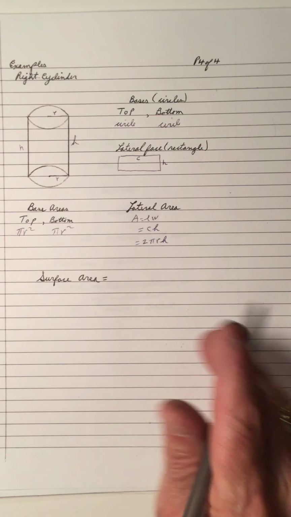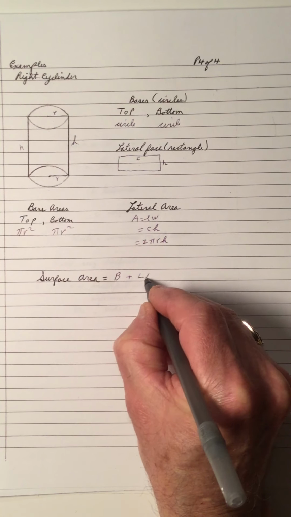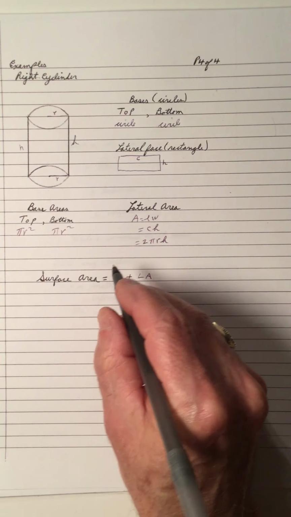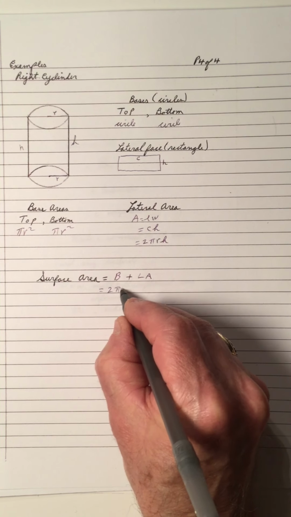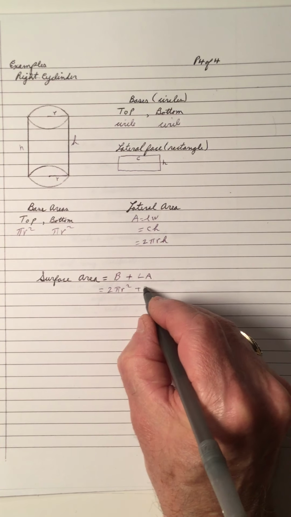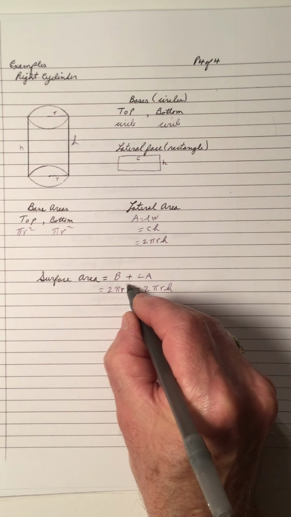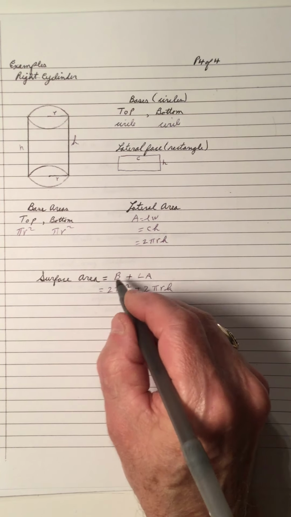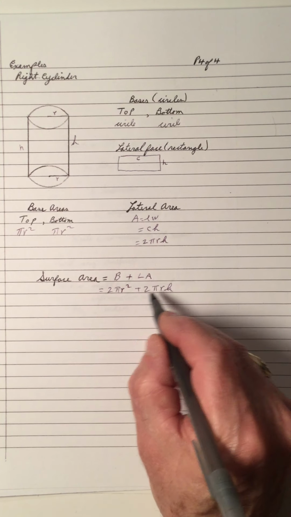And the surface area of a cylinder is the base area and the lateral area added together. And the base area is 2 pi r squared for the bases, because there's 2 circles, and the lateral area is 2 pi r h.